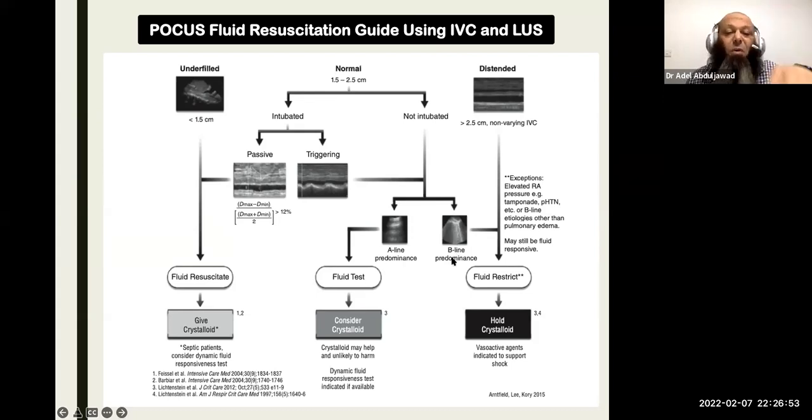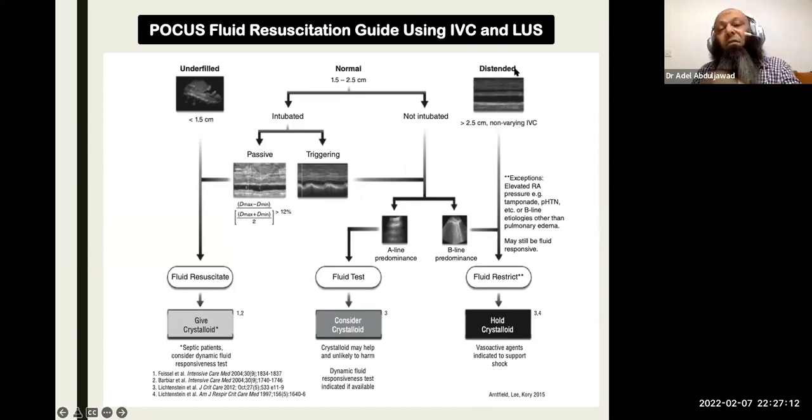If B profile predominates, the patient is fluid restricted, you hold the crystalloids and apply vasoactive or vasopressor support. This is regarding the IVC and the lung ultrasound.